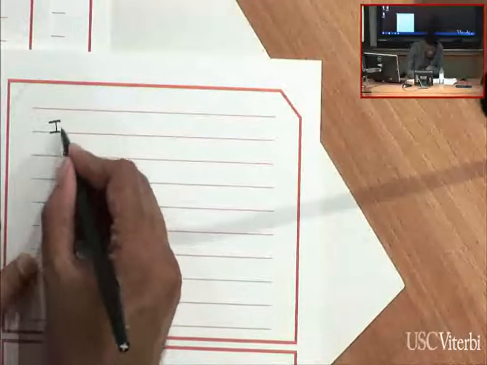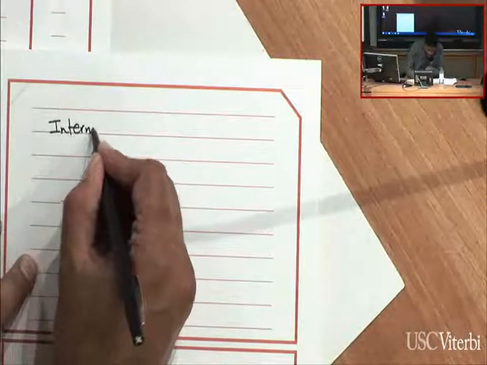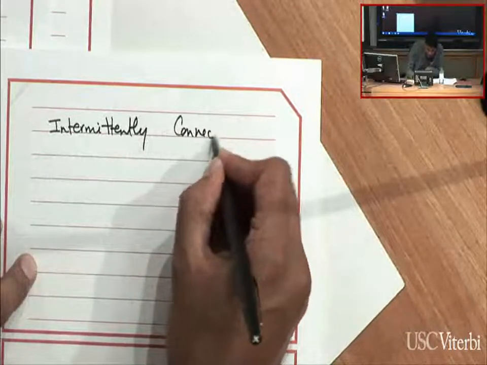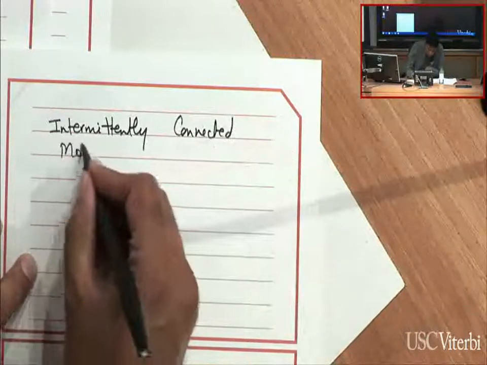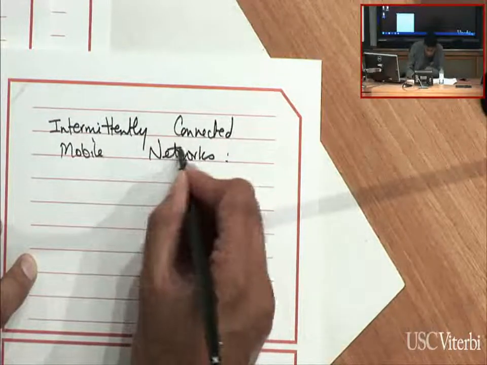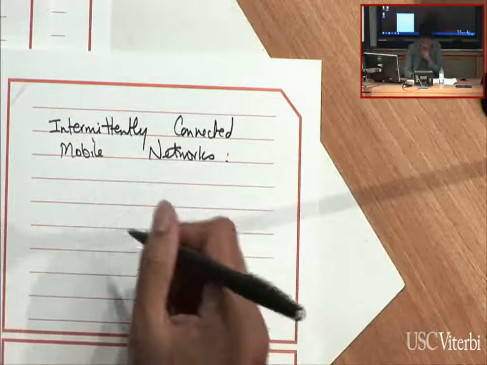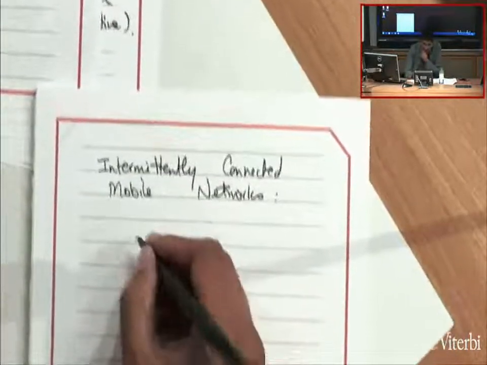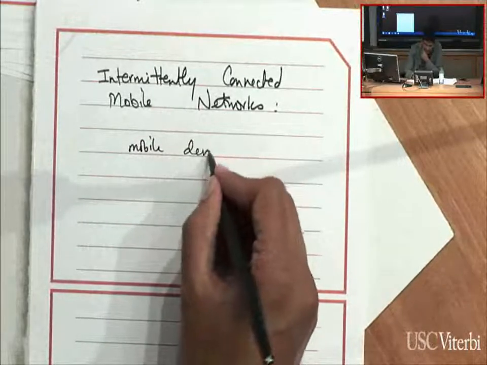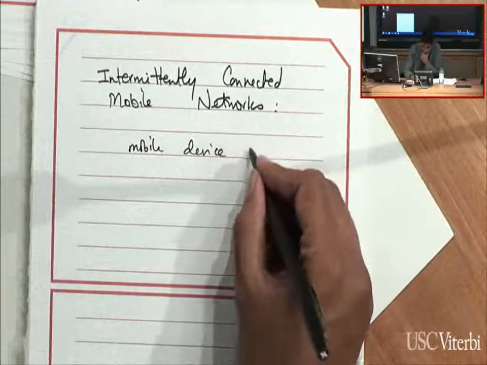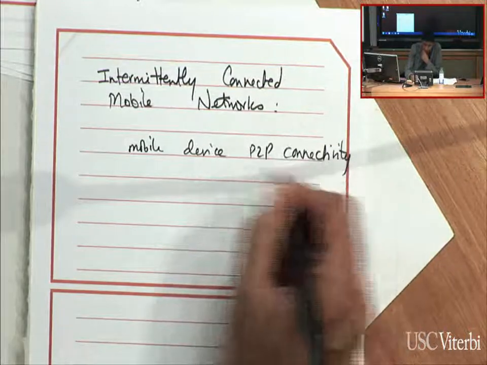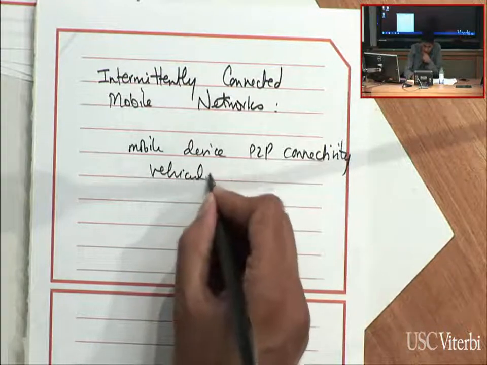So let's talk about intermittently connected mobile networks. The motivation is, examples of these would be mobile device P2P connectivity, or, in vehicular networks, we talk about them.